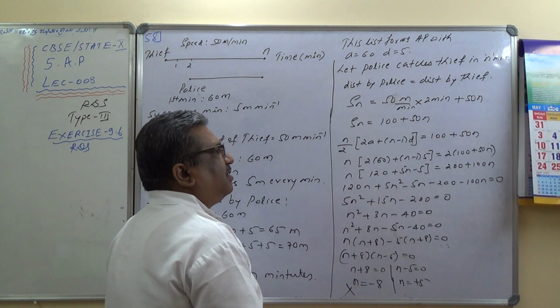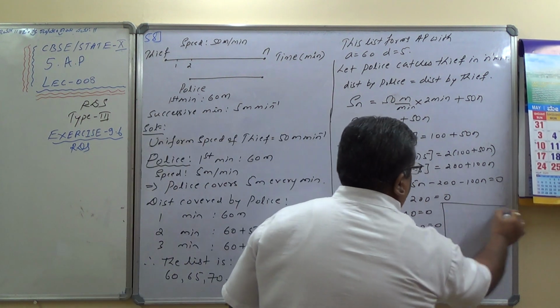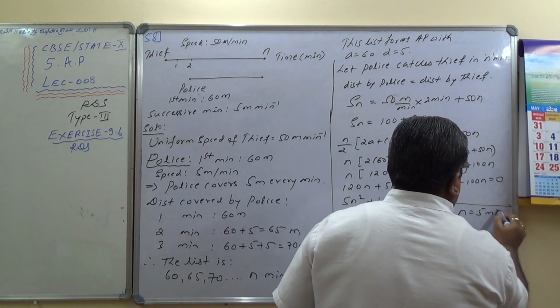Discard this because time cannot be negative, therefore n equals 5 minutes.